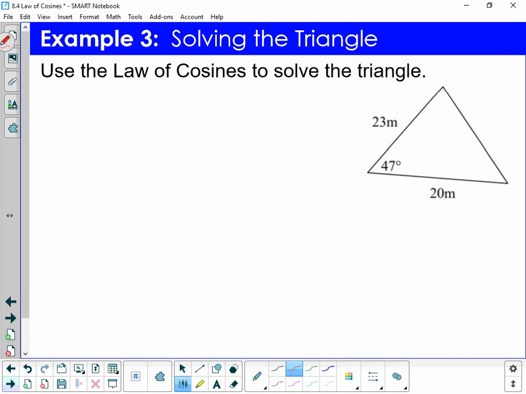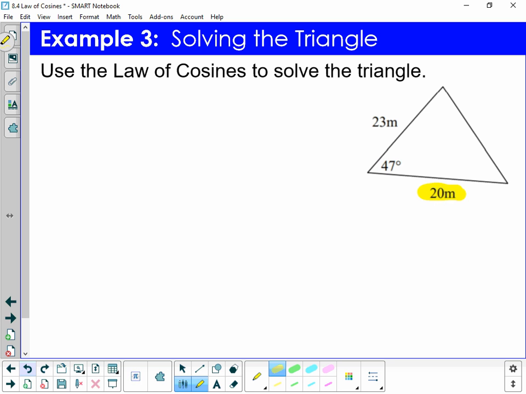Now last time we talked about the law of sines, and I couldn't begin this problem by using the law of sines because, as you might have noticed last time, with the law of sines you always have some sort of partnership, a set of partners that can help you use the law of sines. In this case, I know this side is 20, but I don't know this angle, so that one doesn't work.